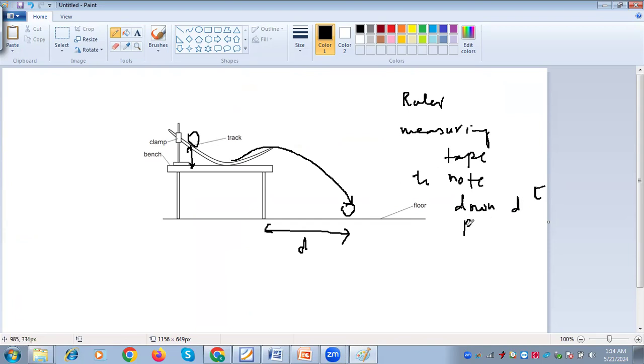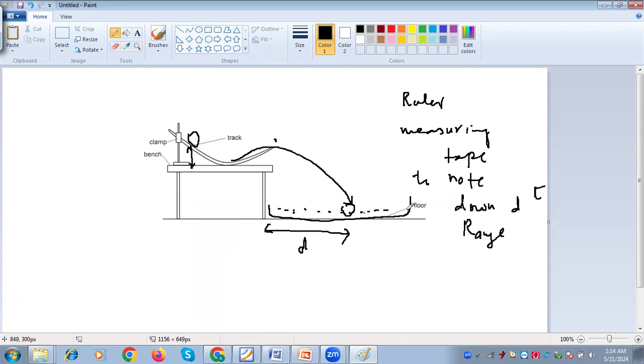D, that is range. Horizontal distance. Range is horizontal distance where it lands, from the end of the track till the position where it hits the ground. And where it hits the ground, then how will you know? It means this region should be having some tray which is filled with sand.